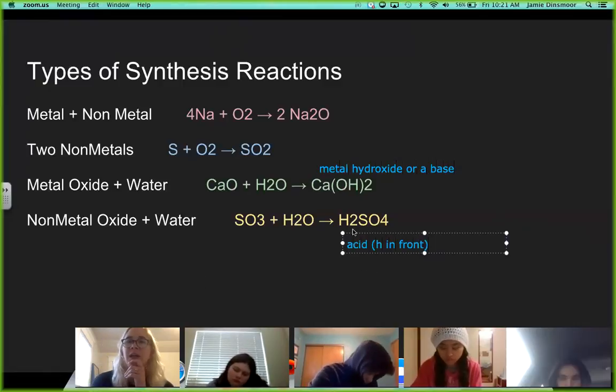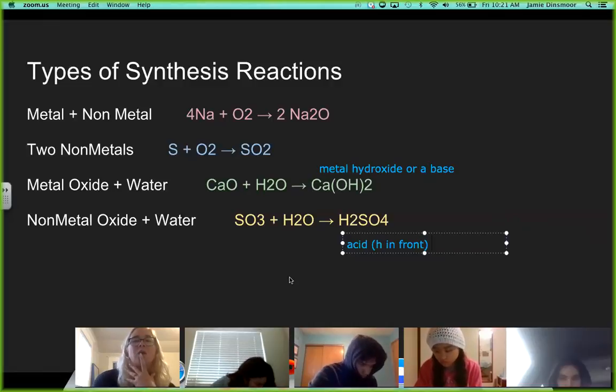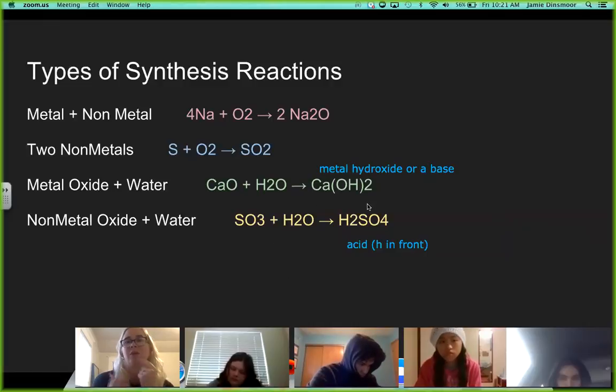Right, so anytime you see an H in front like this, that means it's an acid. When you see an OH attached to something, that means it's a base. So those two are a little bit more complicated because, right, it's not as easy as just shoving everything together. You have to think about it. Okay, this one would become an acid, this one would become a base. The only difference being metal versus non-metal.